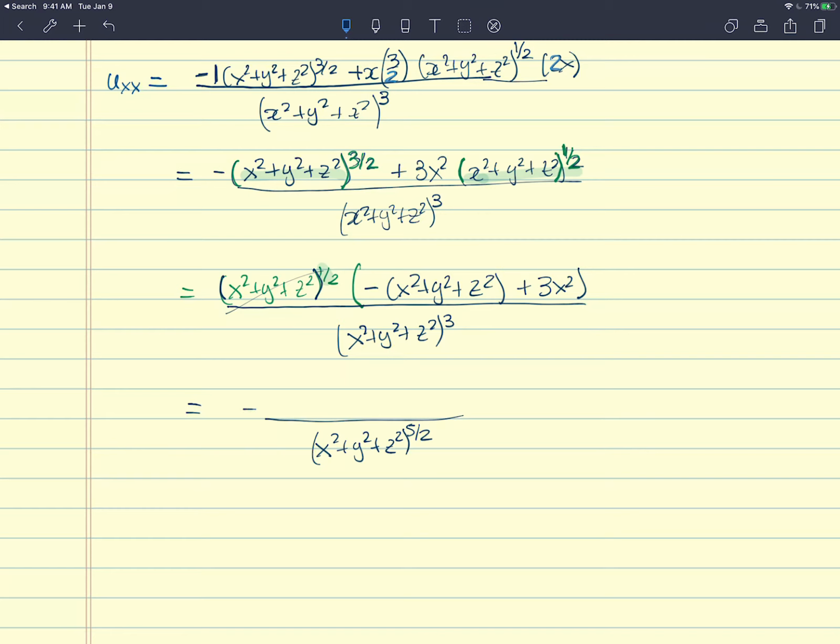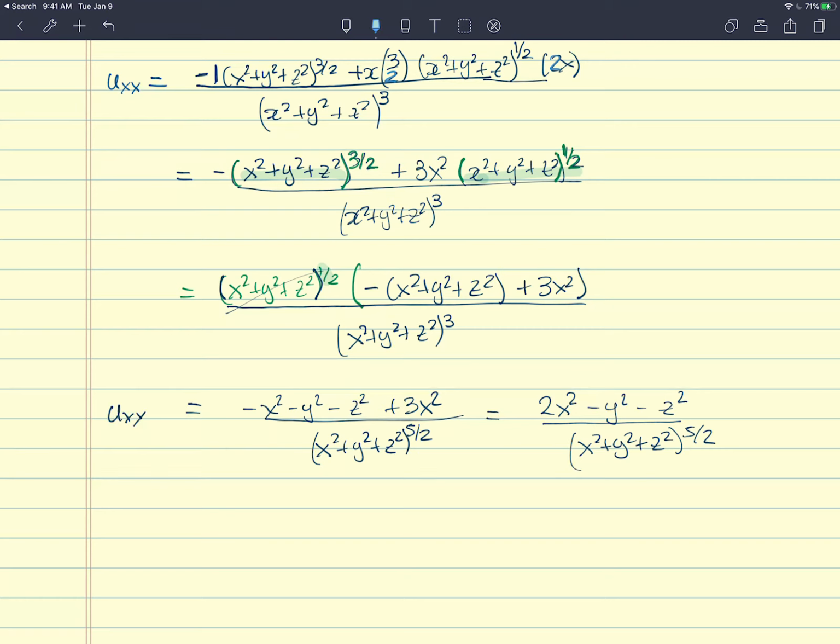I have negative x squared, negative y squared, negative z squared, plus 3x squared. So when you put this all together, it really becomes a positive 2x squared, a negative y squared, and a negative z squared, divided by x squared plus y squared plus z squared to the 5/2. Right? Okay, we're done. That is my uxx.